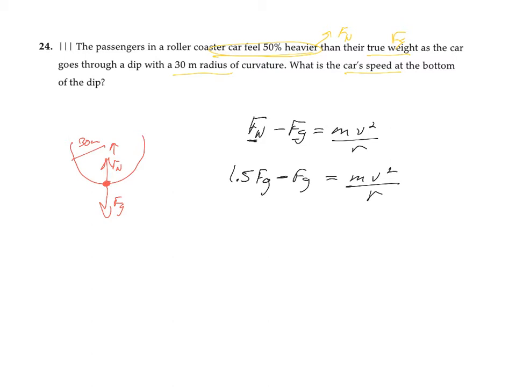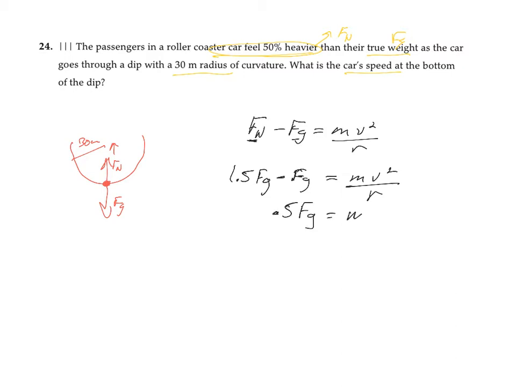Since they're both force gravity, I could say 1.5 minus, there's a hidden 1. This is force gravity. There's a hidden 1 there, so 1.5 minus 1 is 0.5.